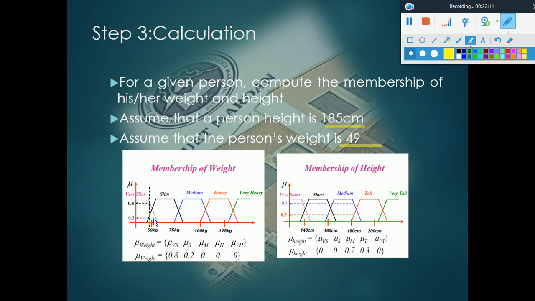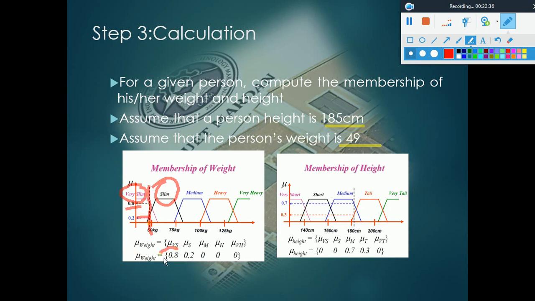At this point we have 49 kg, this line showing that the membership function of slim is equal to 0.2, and the membership function of very slim is equal to 0.8.